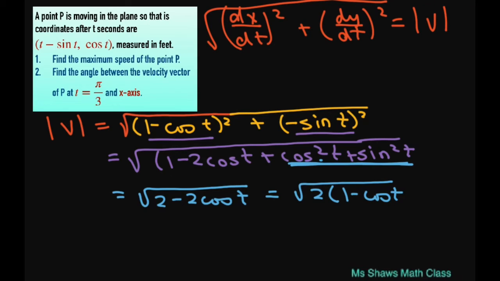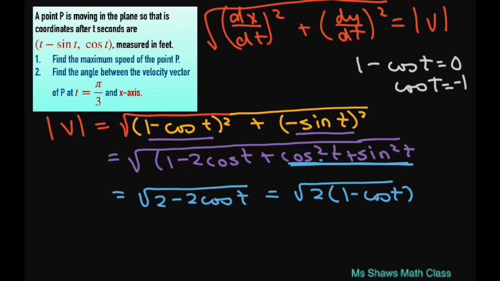Now remember earlier, I set 1 − cos t equal to 0, so cos t equals −1.